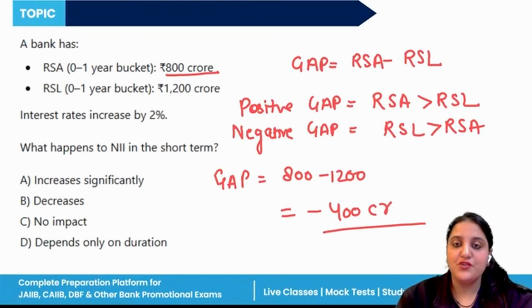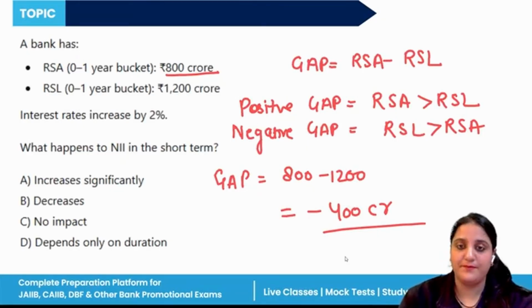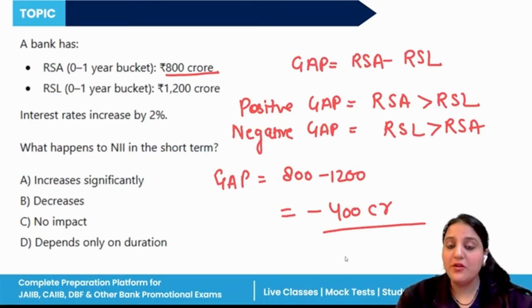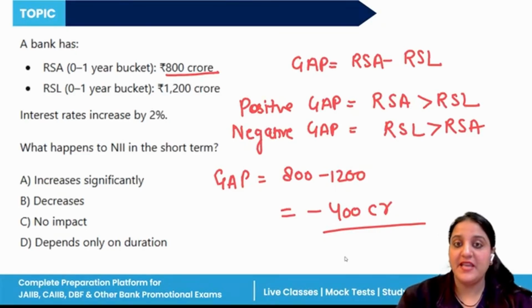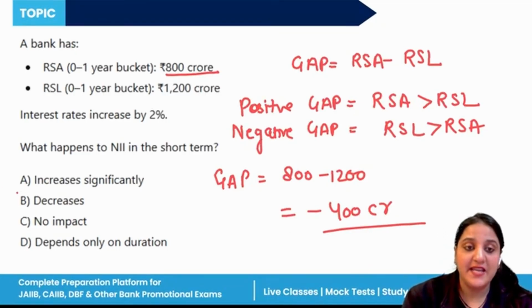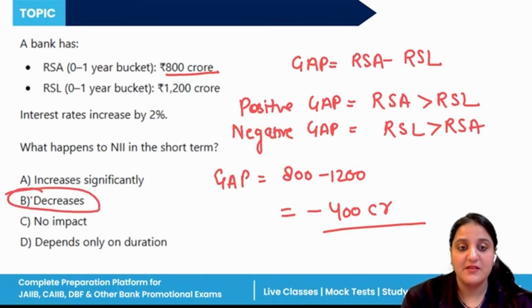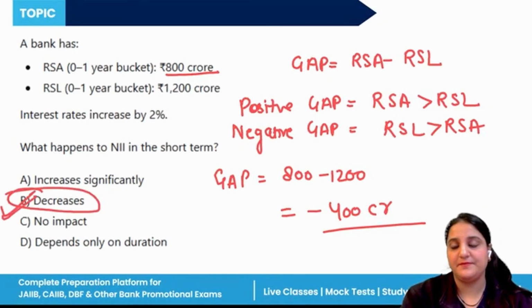When interest rates rise, liability cost rises on 1200 crore and asset yield rises only on 800 crore. So more liabilities reprice upward than assets. Cost increases more than income, and that gives a decline in NII. NII decreases. So option B is correct here.